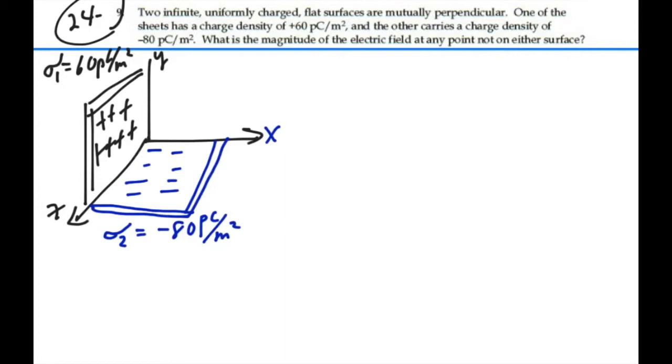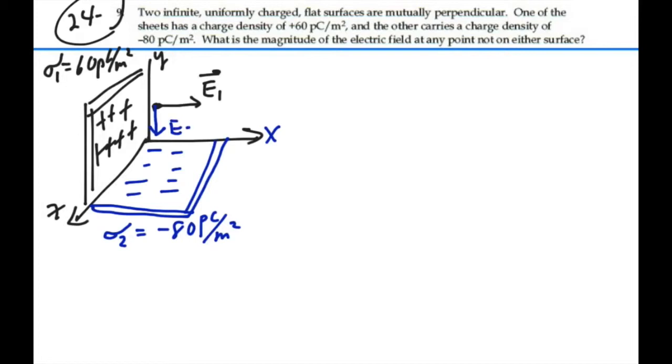As a result of the first sheet, positively charged, there will be an E field emanating away from it. So at some point, there will be some field, let's call it E1, emanating away from this on either side of that sheet. But we're going to look at some point in three-dimensional space, XYZ, as we've shown. With a negative sheet, there will be an electric field coming into it, into the negative charge.